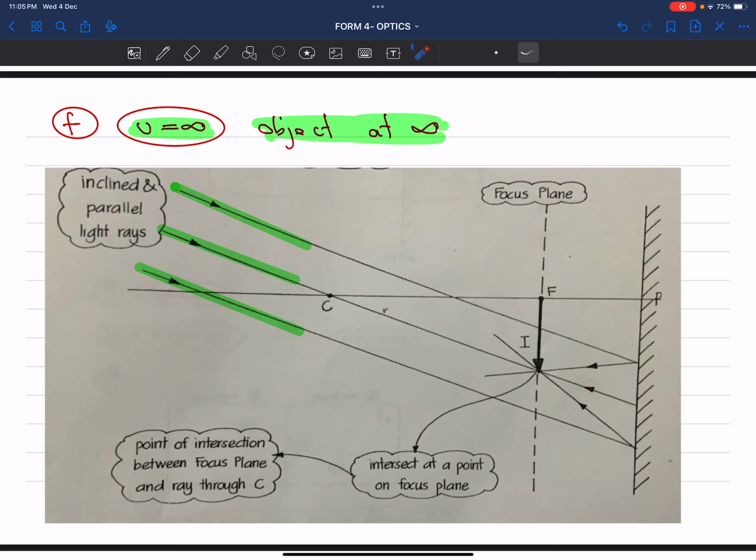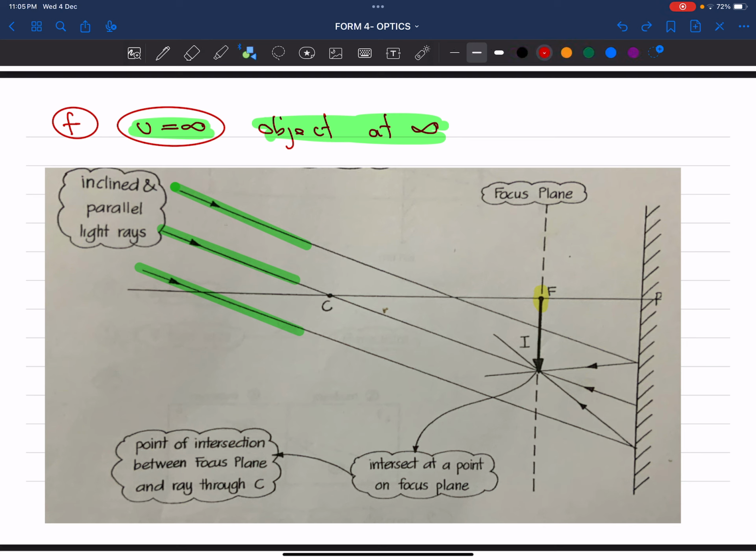For this special case, the first thing we should do is draw, from the focal point, the focal plane, a line, with broken lines.